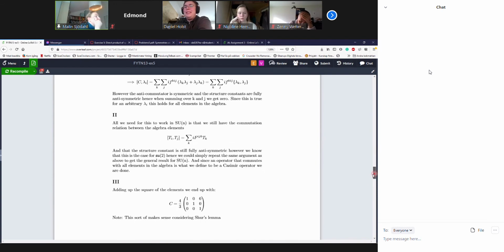You will see that if you calculate the square of all these matrices, a lot of them have sigma matrices in them, and when you square them, you will get some diagonal matrix. And when you add them up, you get this. So not really interesting. Maybe interesting to note that it should be diagonal, proportional to the identity matrix, to make sure that Schur's lemma holds in some sense.